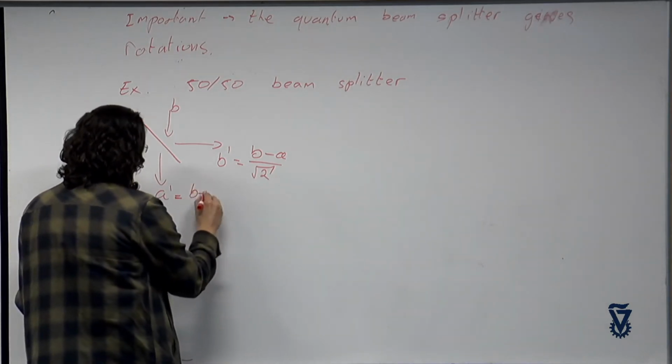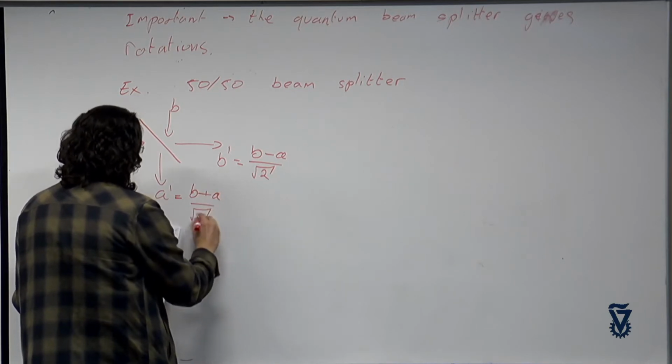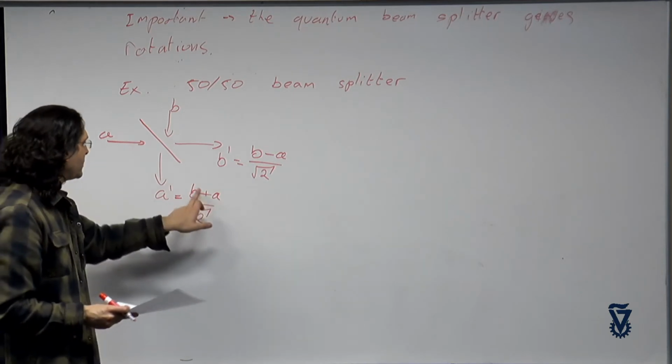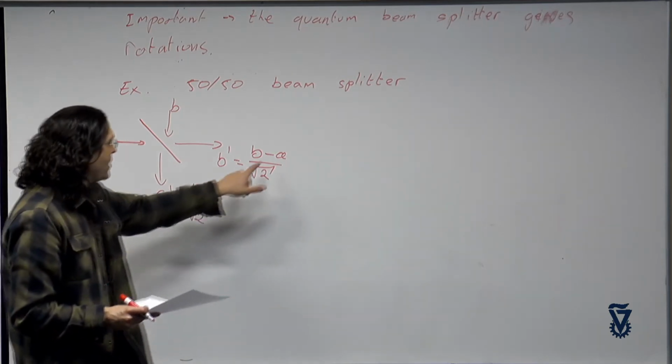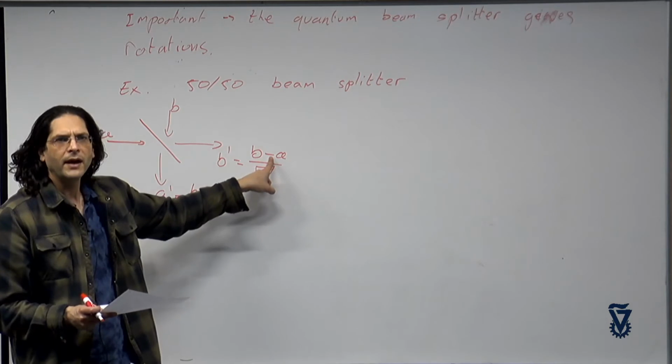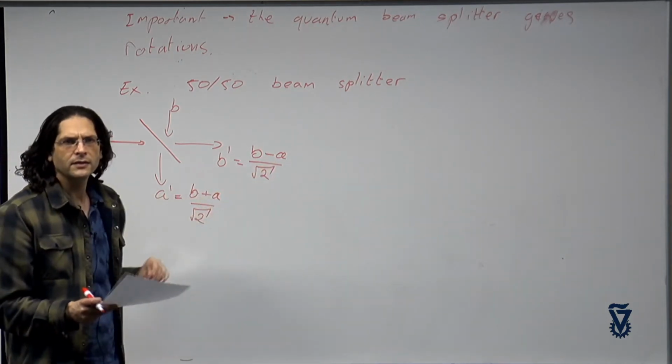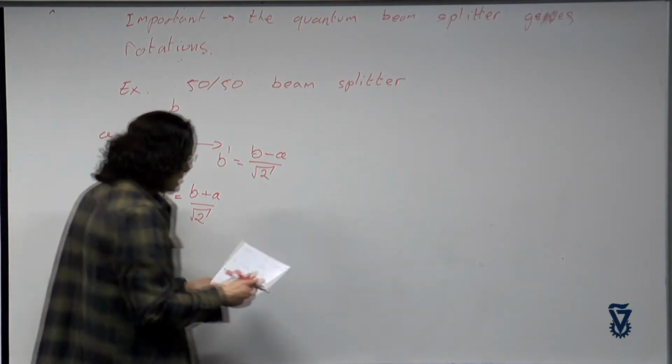And A prime is B plus A over square root of 2. Now there's something arbitrary about this choice of putting the minus over here. You can also put the minus over here. It's a completely arbitrary choice.